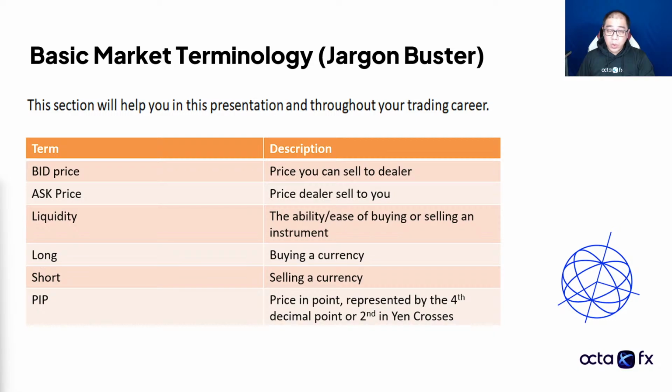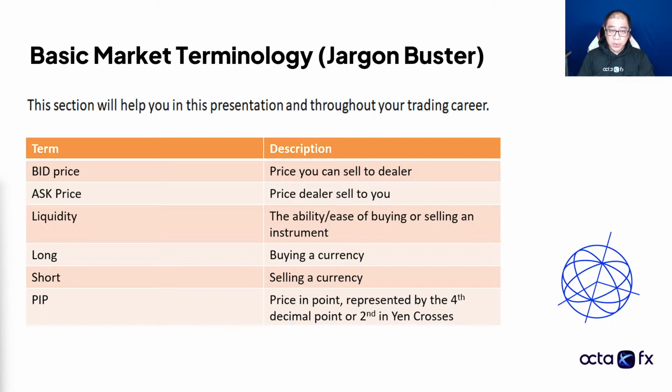We will start with bid price, and that is the price you can sell to the dealer or your broker. So if you want to sell Euro USD, you'll be looking at the bid price. If you want to close your position, you'll be looking at the bid price. If you want to buy something, then it'll be the ask price. It's actually the price the broker sells to you.